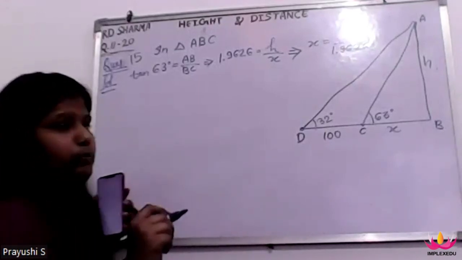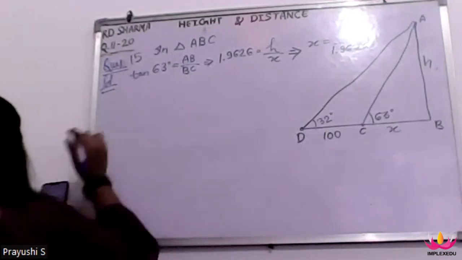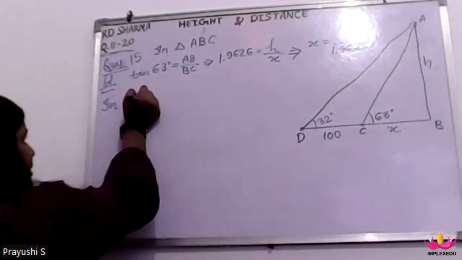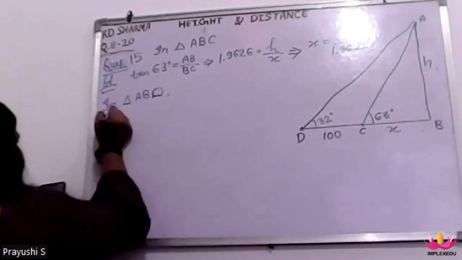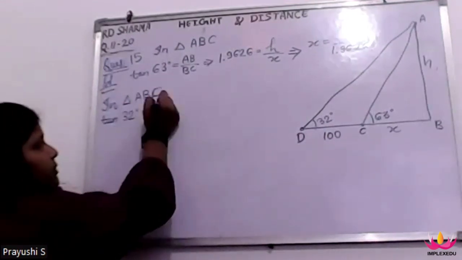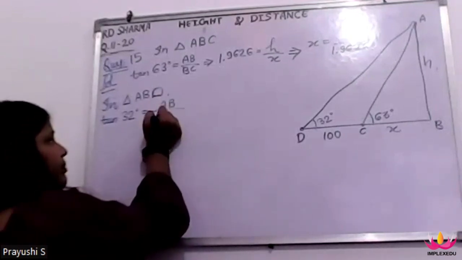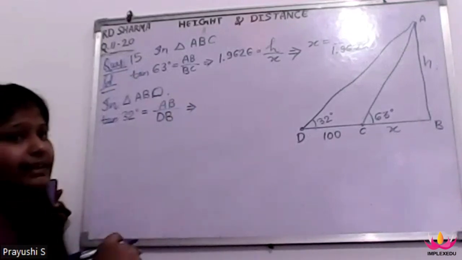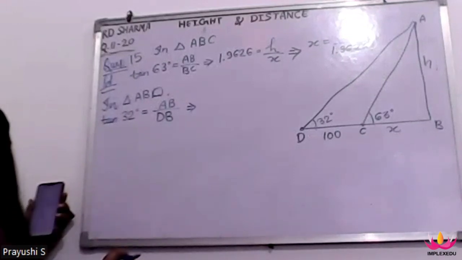Now moving to triangle ABD. In triangle ABD, tan 32 degrees will be equal to AB upon DB, in which we know that tan 32 degrees is equal to 0.6248.